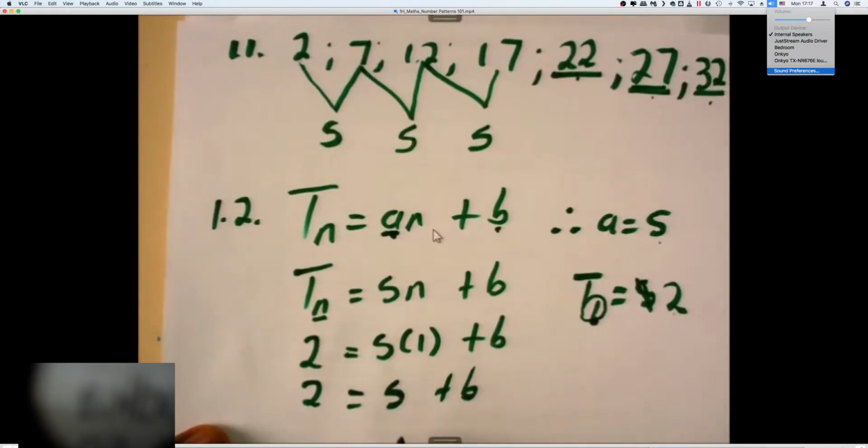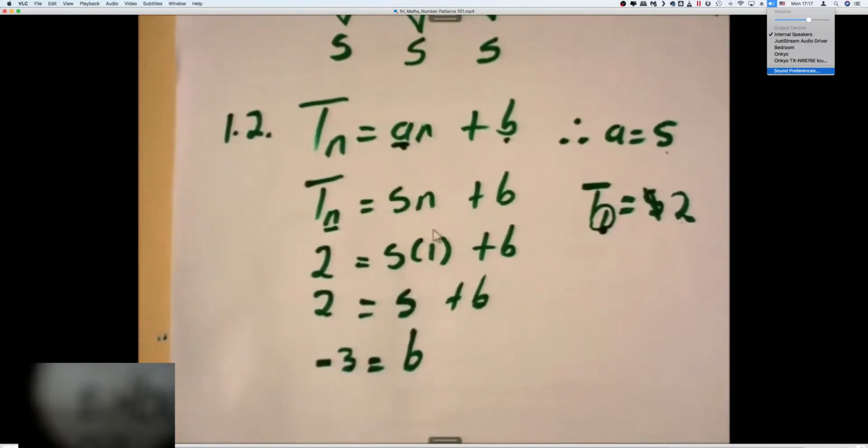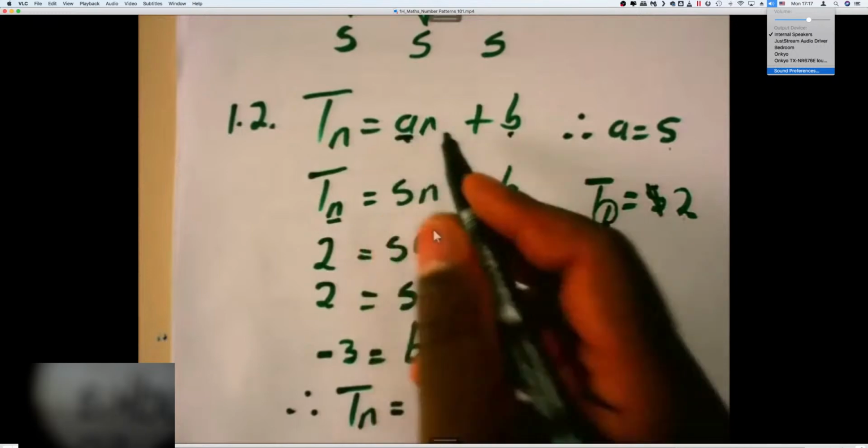Transpose 5 to the left, you'll be left with b on the right hand side. On the left hand side, it will be 2 minus 5, which will give you negative 3. That is our negative 3. Then we conclude. Therefore, the nth term will be equal to an plus b.